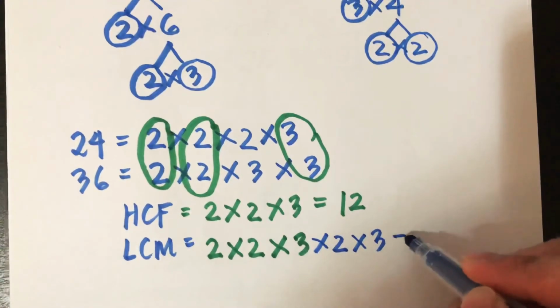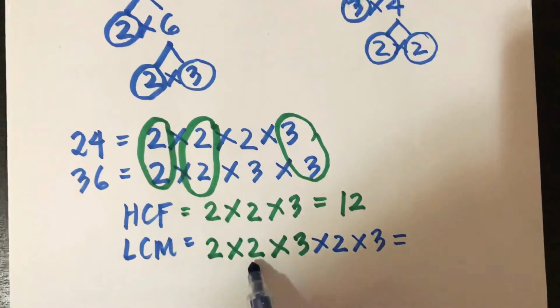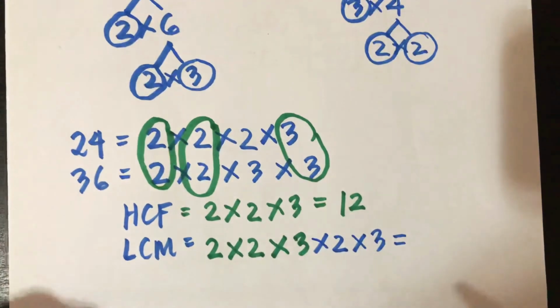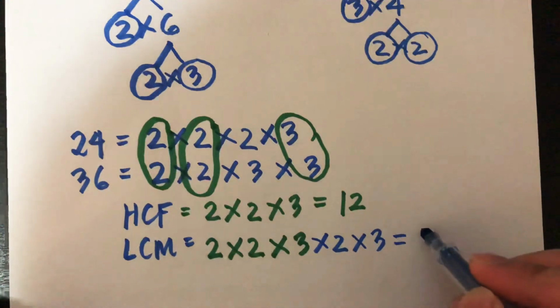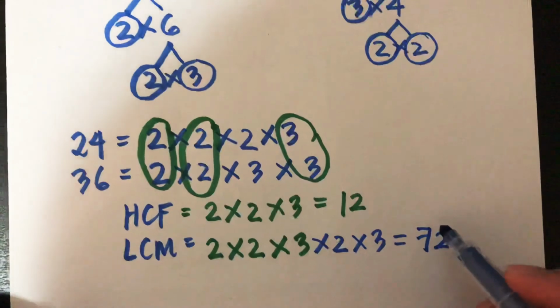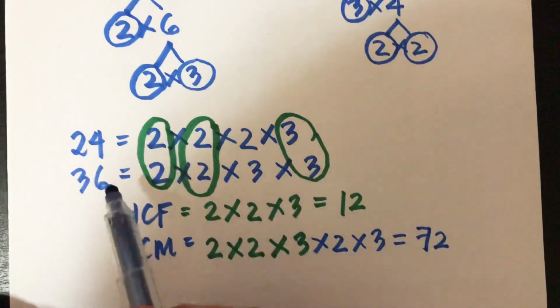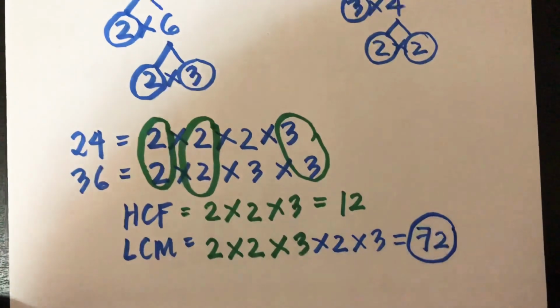Now, if we try to answer this one, so we have 2 times 2, 4, times 3, 12, times 2, 24, then times 3, 72. So let's just check this: 2 times 2 times 3 times 2 times 3. We have 72. Okay? So the LCM for 24 and 36 is 72.